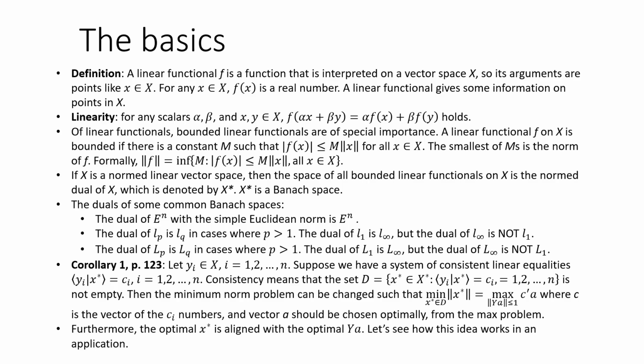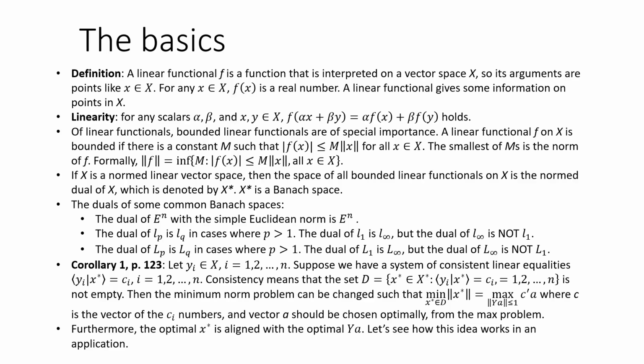With linear functionals, we can characterize points in a vector space, because if we input a point as argument into a functional, then we receive a real number. Linearity is understood in a very general way, so there is no surprise in this respect.